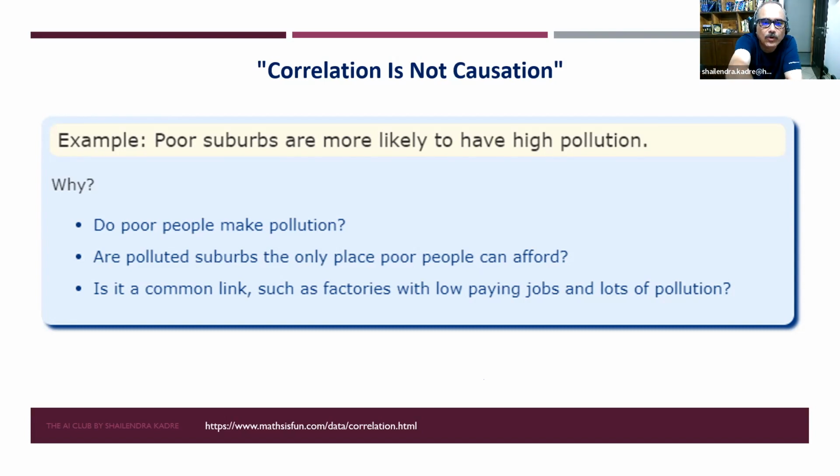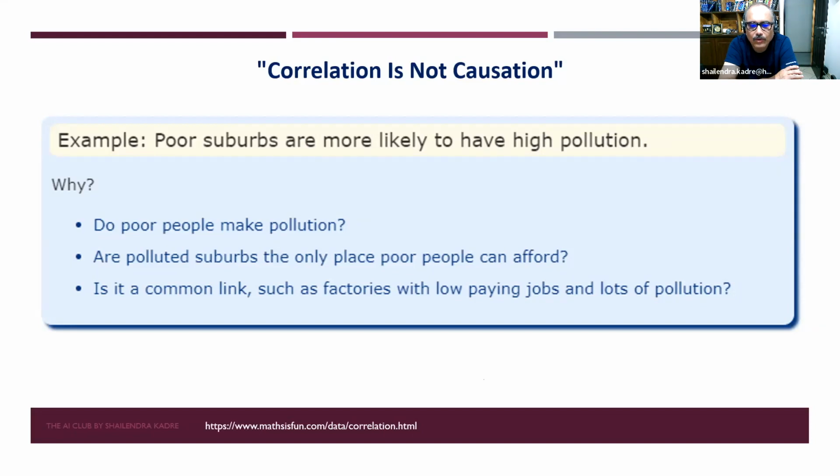So X is the poor suburb of the city, and Y is high pollution. How are they related? There can be many reasons. Poor people are not the cause of high pollution. There may be many reasons because of which high pollution is there.